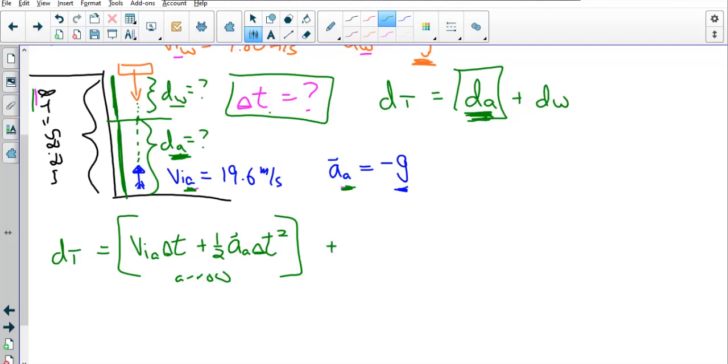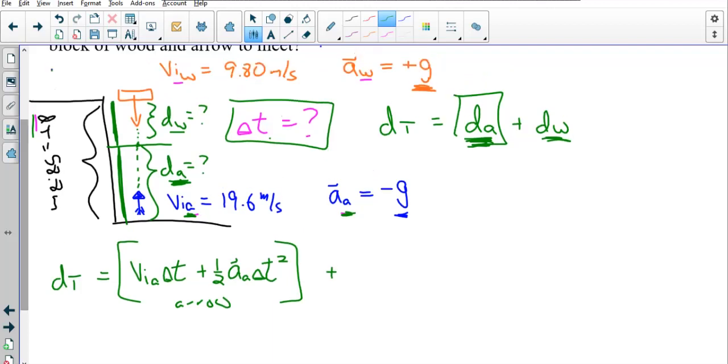I need to add to that the distance traveled by the block of wood. So the block of wood has the same parameters. In the end you're looking for the distance the wood travels. You have your initial speed of the wood, you've got your acceleration of the wood, and you're solving for time. And so I would use the exact same equation, just using the variables specific to the wood.